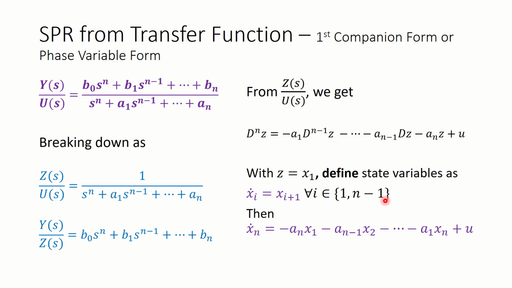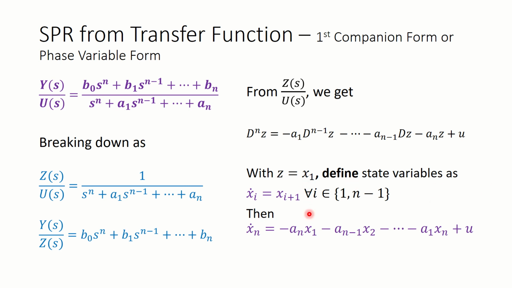One question: how many state variables will be there? That we already discussed. It will be as many as the order of the system, which we can easily see from the denominator of the transfer function, the maximum order of s. So there will be n state variables.